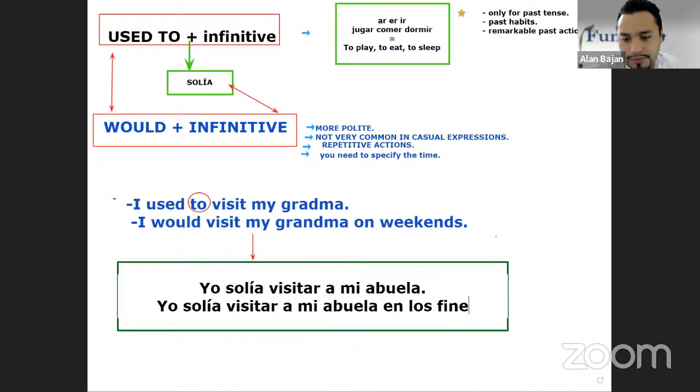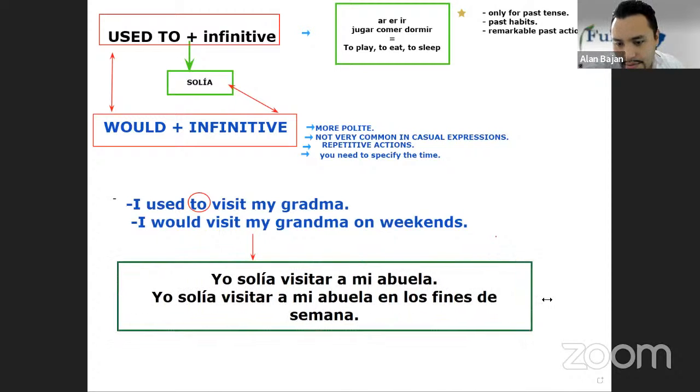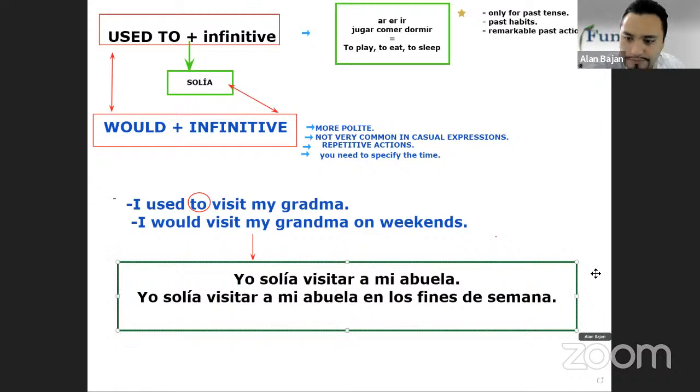O en los fines de semana. Lo mismo, solo que would es algo más formal. En inglés. En español suena igual, pero en inglés no. And you need to specify the time.